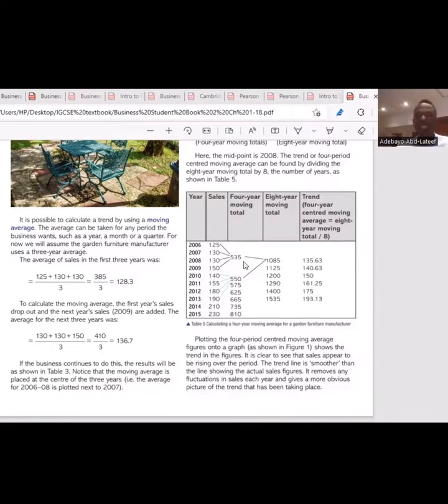You get your midpoint by calculating the first 4 years, like 2006 to 2009, which is 4 years, the total, plus 2010 to 2013, which gives you another total. So 535 plus 550 gives us 1085. So to get our midpoint, it will be the 8-year moving total divided by the number of years. So that gives us 135.63. That is 1085 divided by 8.